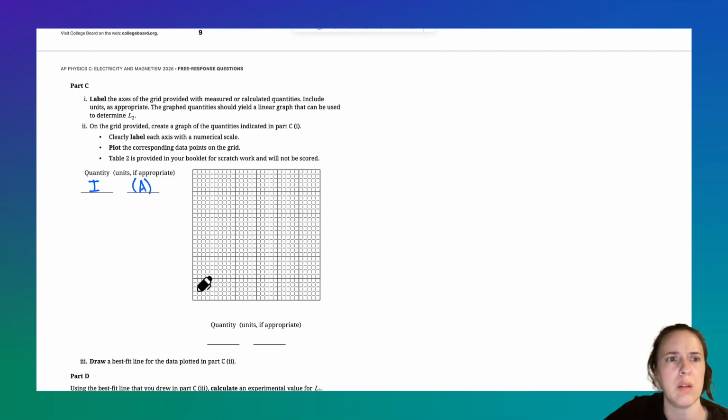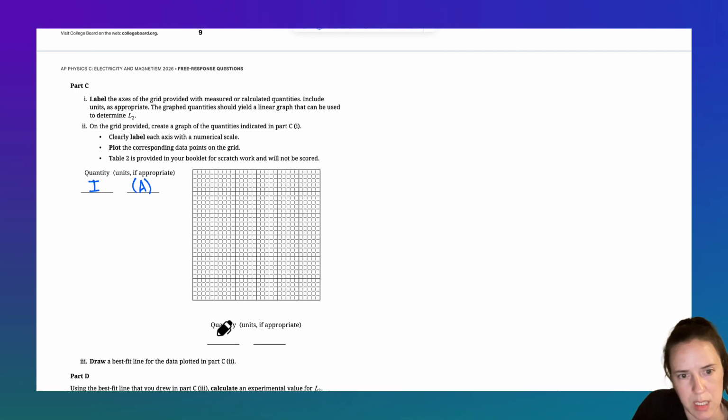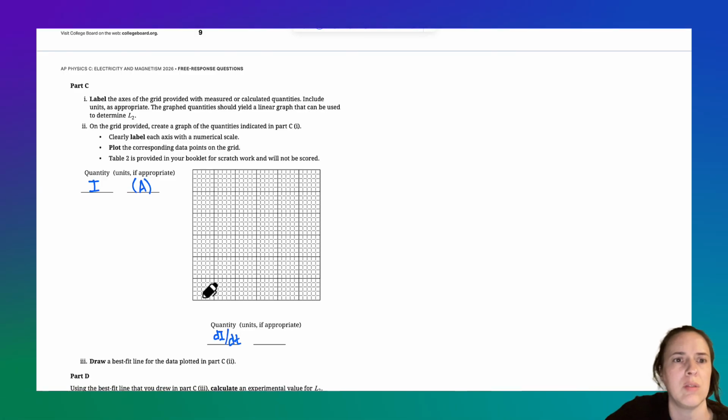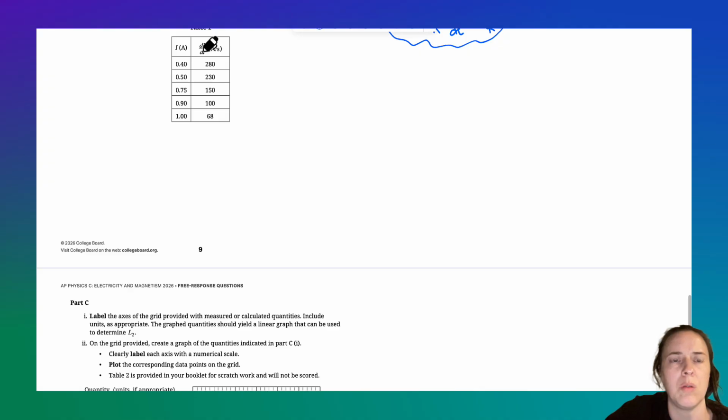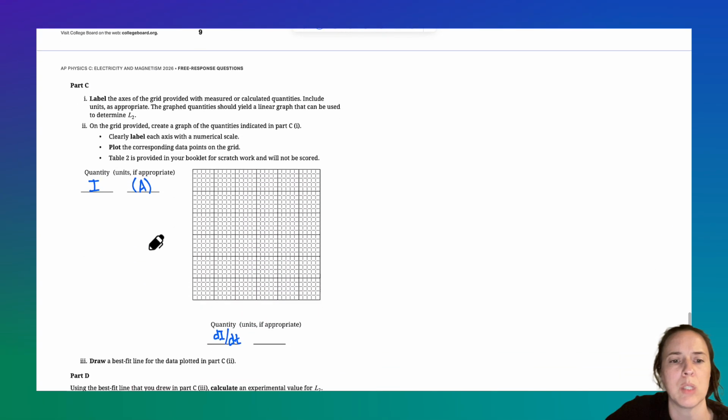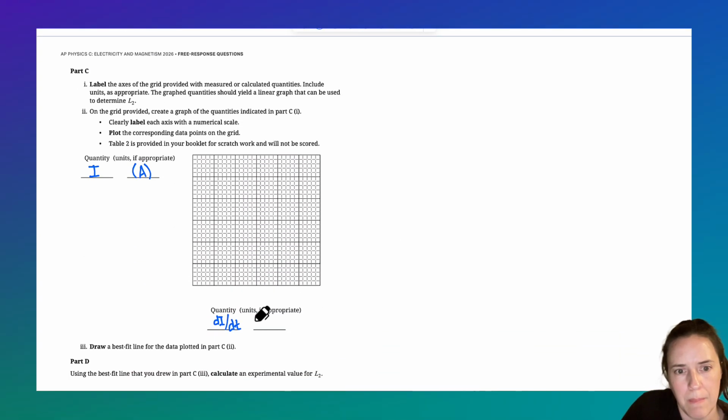That's measured in amps. I'm going to put di dt on the x-axis. And if you forget what the units are, they do tell you in the table. So amps per second.